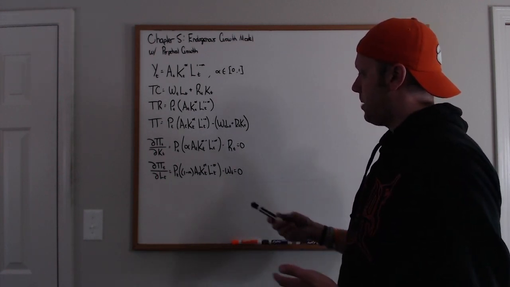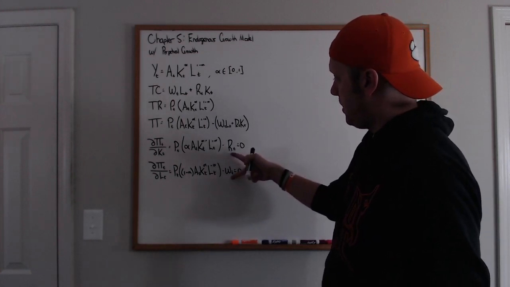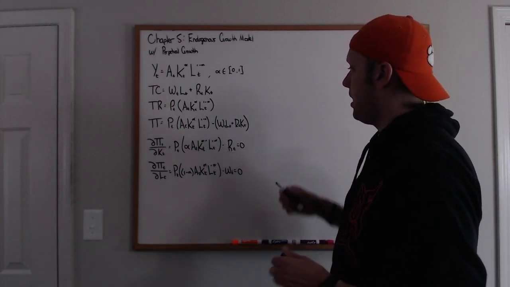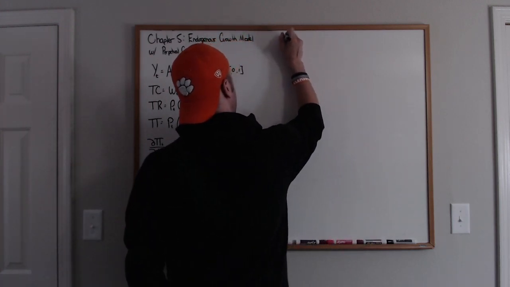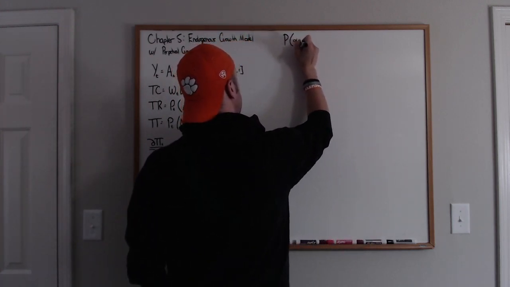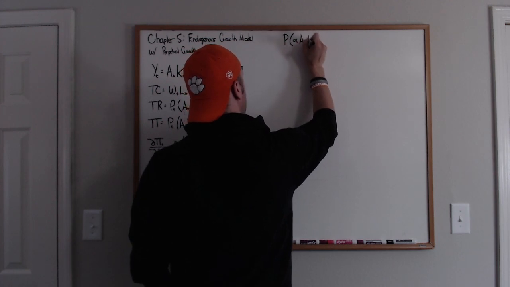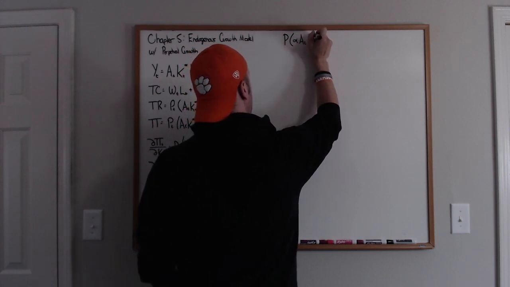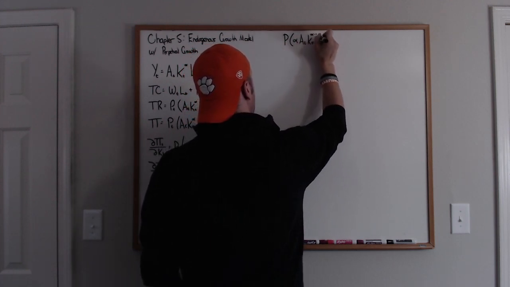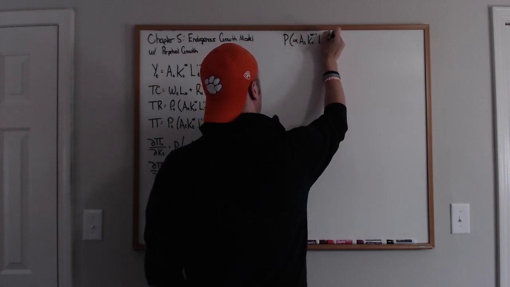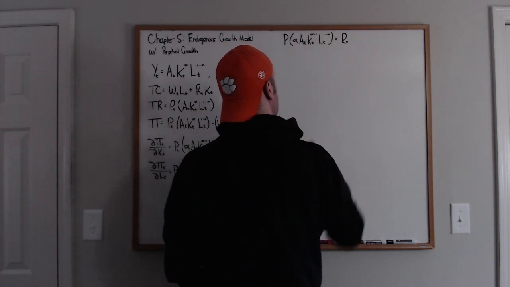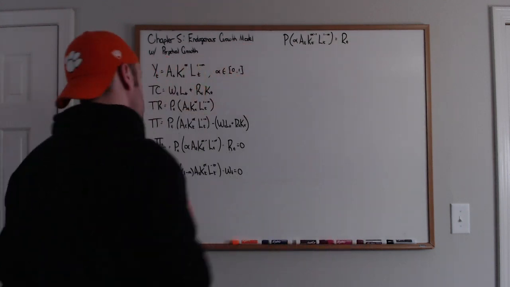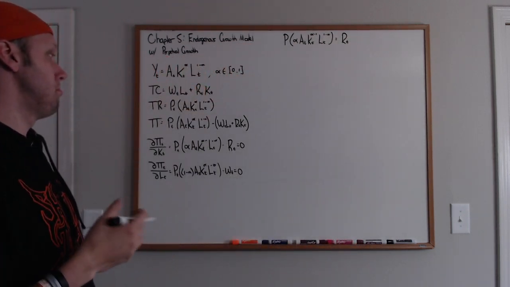Well, we can basically just move these two guys to the other side, and that gives me price times the marginal product of capital equals the rental rate of capital.